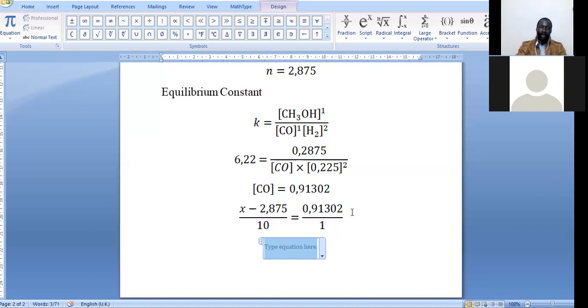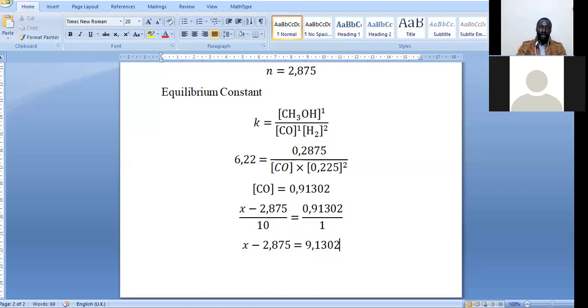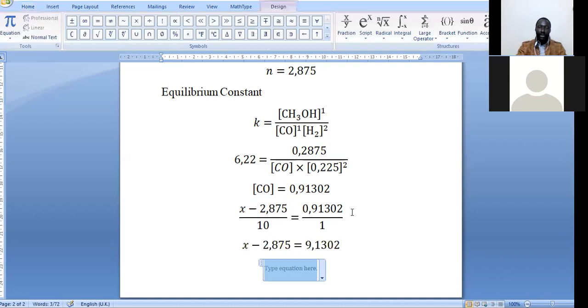So we are going to be having x minus 2,875 now equals 10 times that value, which is going to be 9, what? 9,1302. So to find the value of x, we now have to transfer these two to the other side. So what is it going to be?